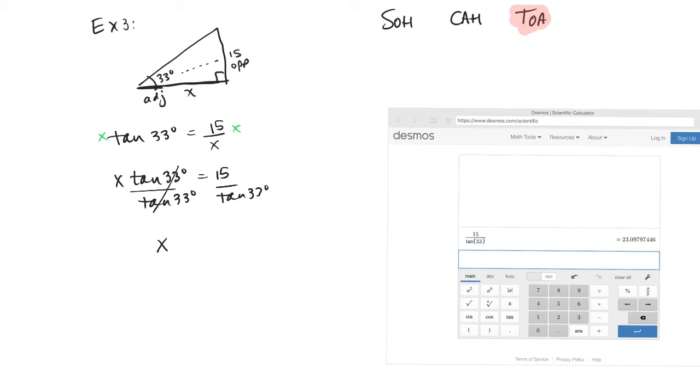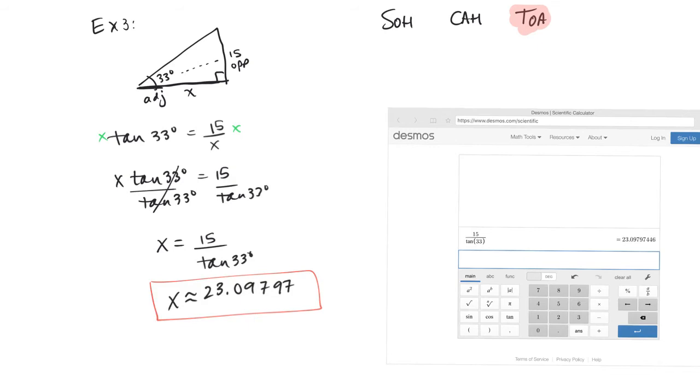So it would cancel, so x is equal to 15 divided by tangent of 33, and pull out your calculator and you'll get that that is approximately 23.097. And just make sure you're in degree mode. Usually I only round to 2 decimal places, but this example in homework asked us to round to 5.